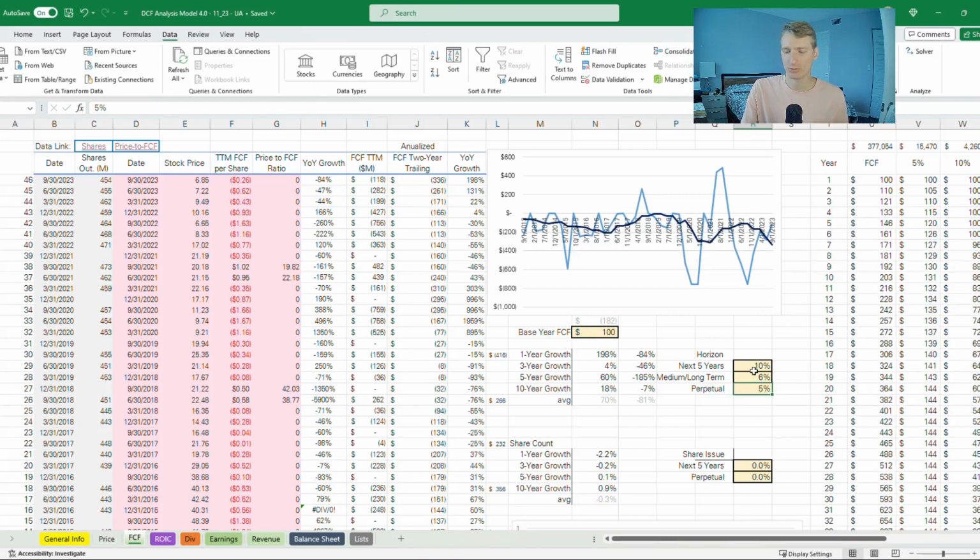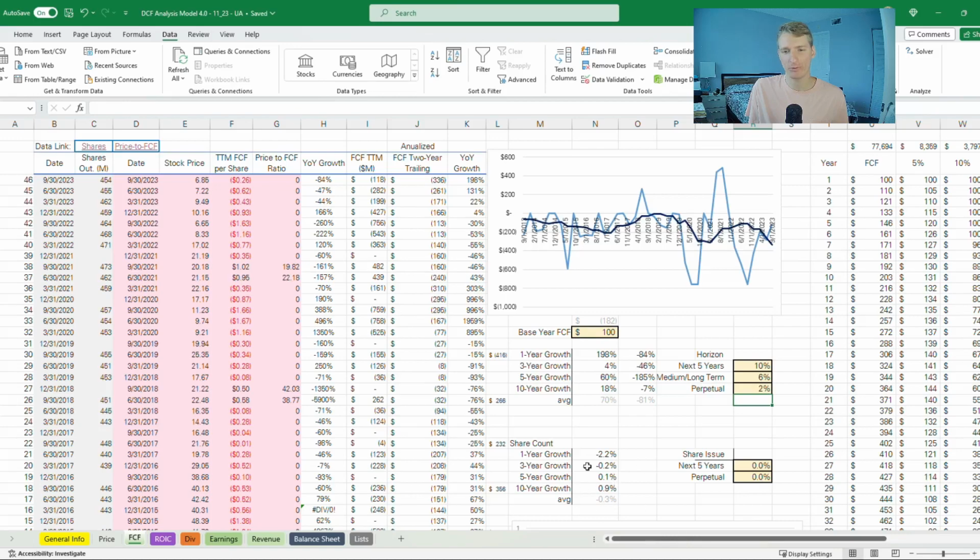And then the perpetual growth rate, because Under Armour is such a big brand, I feel like it will be growing. It will be around in the future. It won't be growing fast, maybe, but I'm going to put something like 2%. I think I did 3% perpetual growth rate for Nike, and I think that that's justified to put Under Armour 1% lower. So these are our growth rate assumptions into the future.